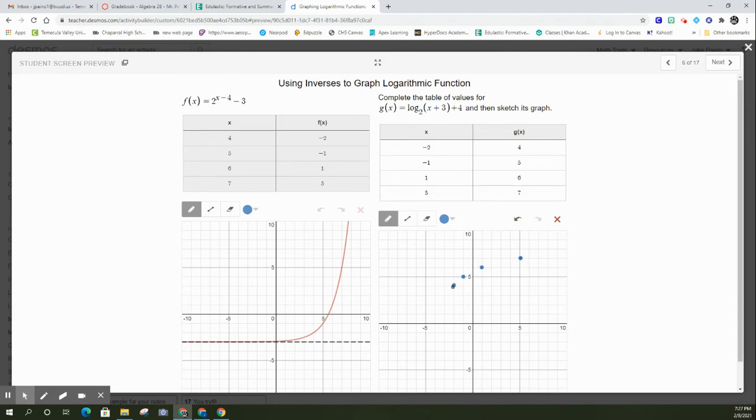Now, I took away those decimals, but again, it cannot go past this -3. No matter what I did on my table of values, my range is restricted; it's always greater than 3. So now my new domain, because it's the inverse, has to be everything greater than -3 for my x's.